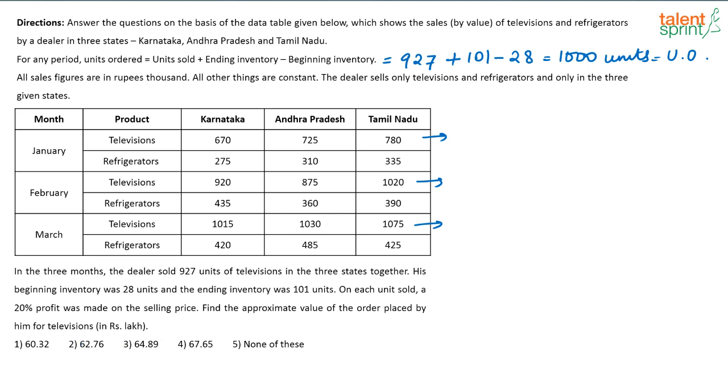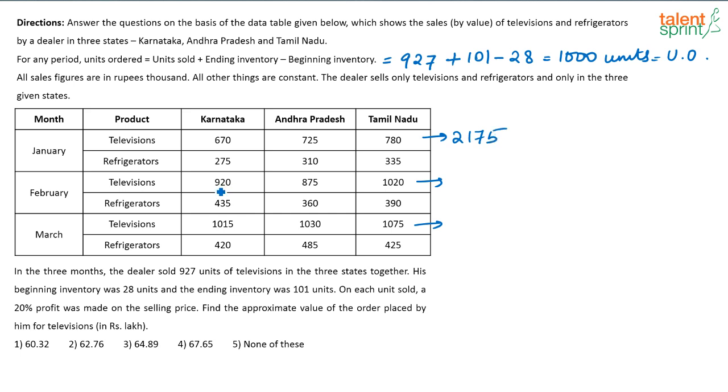Okay, so totally what is the sales value? 670 plus 725 plus 780, correct, in January. That is nothing but 600 plus 700 is 1400, plus 600 which is 2000, 2000 plus 70 plus 25 plus 80, that is nothing but 2175.